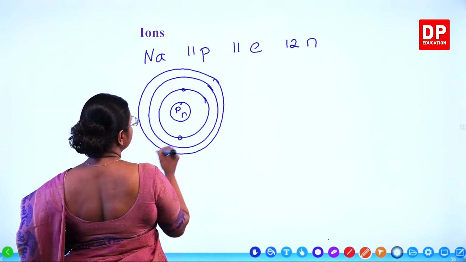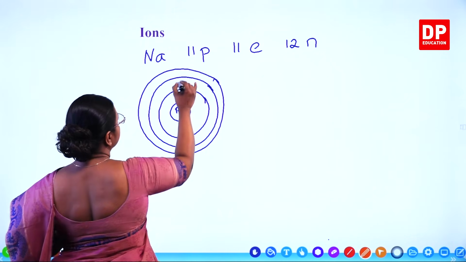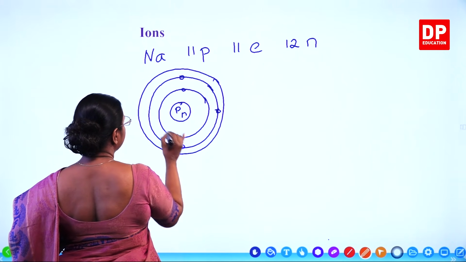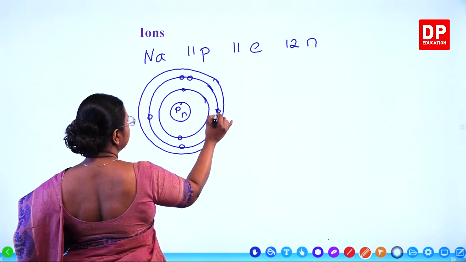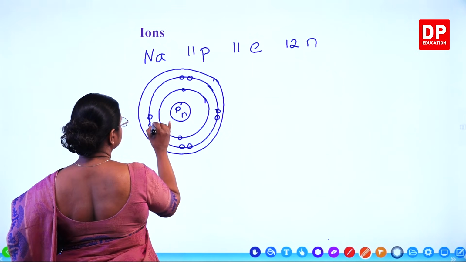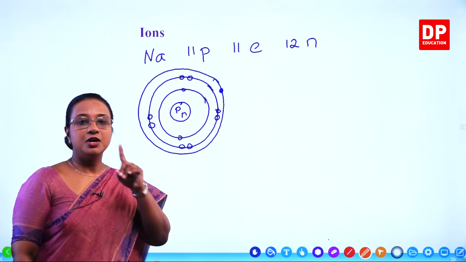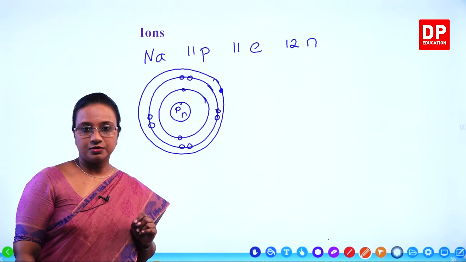There are 2 electrons here. Then we have 8 electrons in the shell. And the outermost one will have only 1 electron.